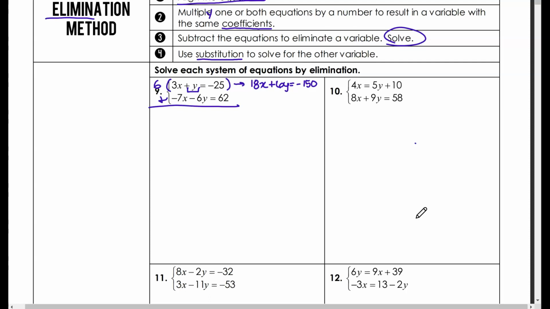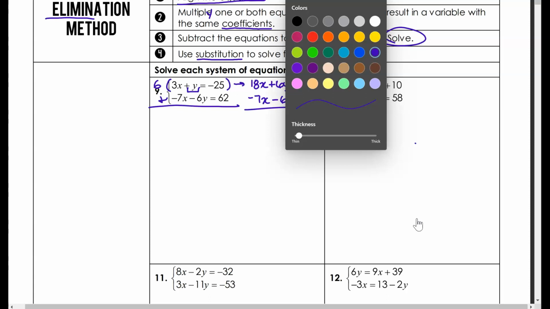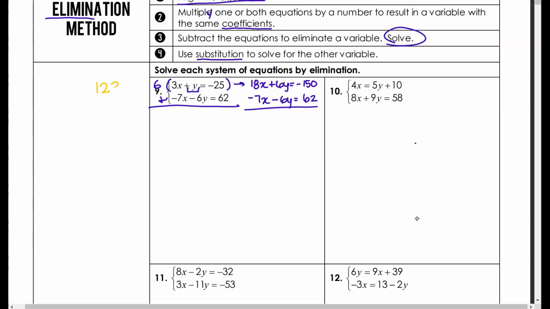I'm just going to write this other equation back. Now notice that when I add these two equations, just like I would add numbers, think back to elementary school if you had 123 and you wanted to add 104, we would add our ones place, add the tens place, and then add the hundreds place.